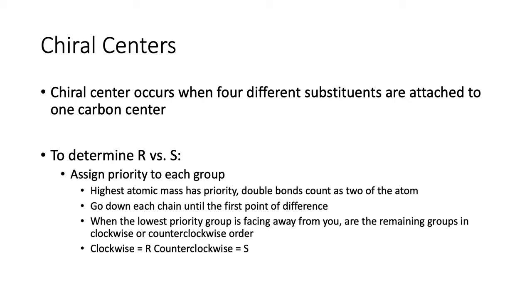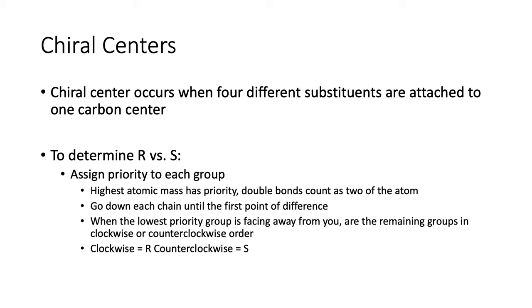Most straightforward is through atomic mass. You look at the atoms that are attached to the carbon center, and the highest atomic mass has the highest priority, the lowest has the lowest priority. If you have a double bond, it counts as 2 bonds, that atom counts twice. If you have longer chains and they look similar at the first point, then you keep going down the chain until the first point of difference, and then you can assign priority.